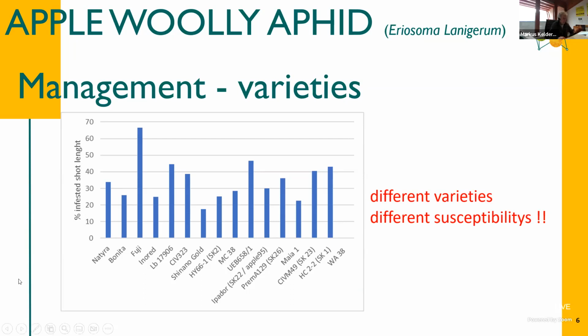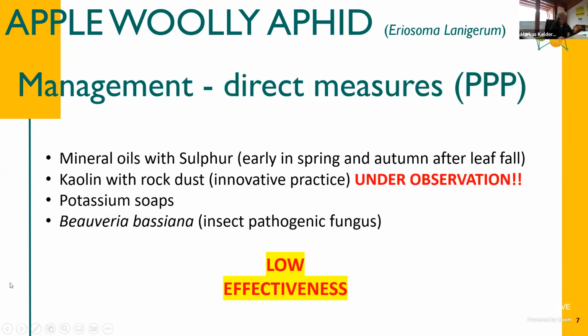I can say that in our region, in the last years, woolly aphid got more and more difficult to manage. Really a difficult problem, not only for organic growers, but also for IP apple producers. Yeah. Next, the next one.